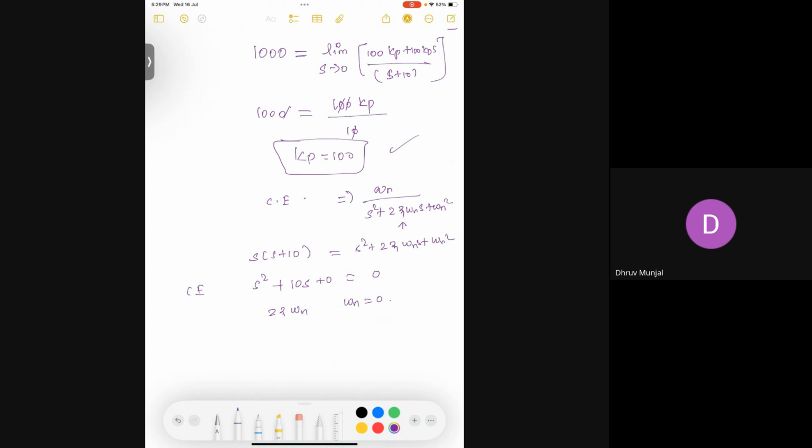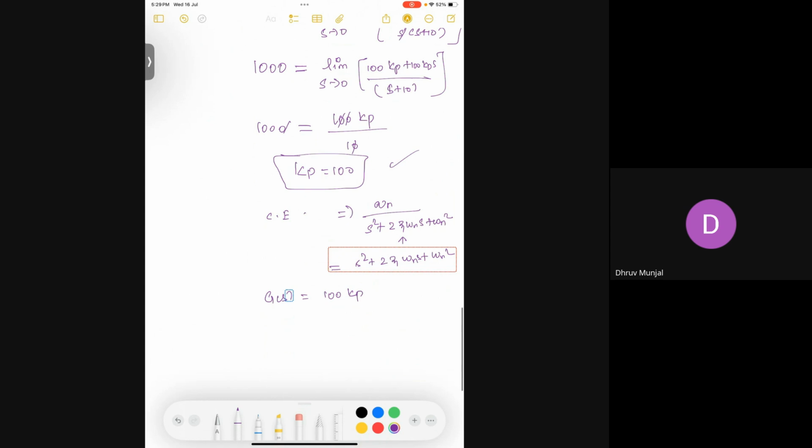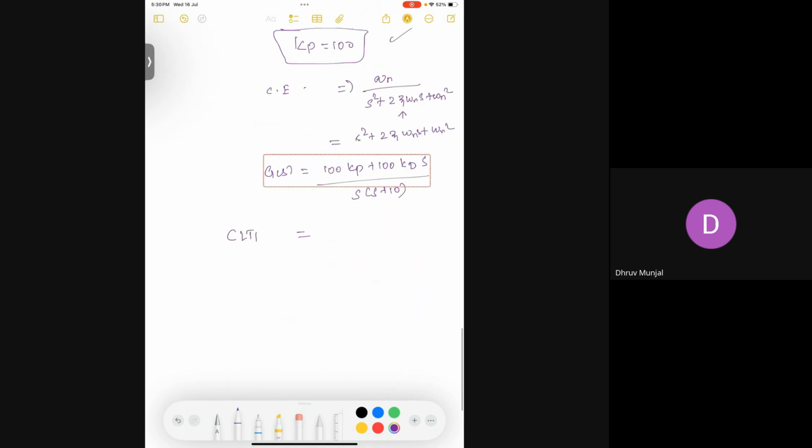Oh sorry, I forgot to use the closed loop transfer function. I have taken the open loop transfer function as it is. The open loop transfer function is 100 Kp plus 100 Kd s divided by s into s plus 10. So if you find the closed loop transfer function, this will become 100 Kp plus 100 Kd s divided by s into s plus 10 plus the whole numerator as it is.